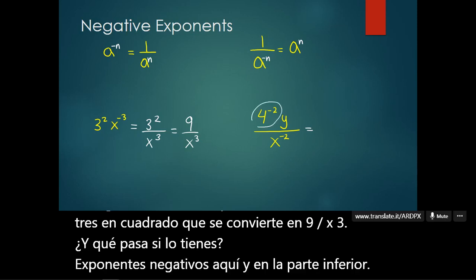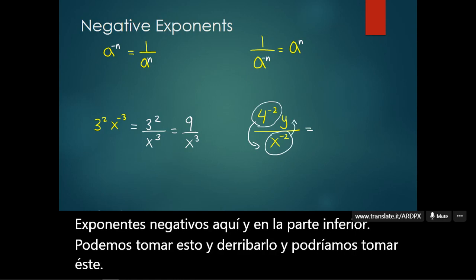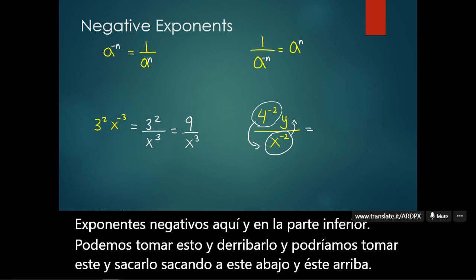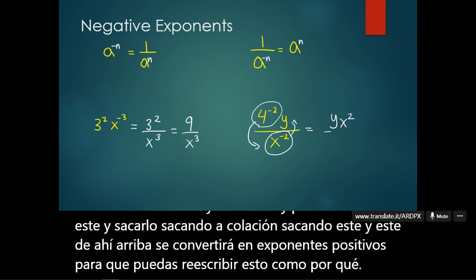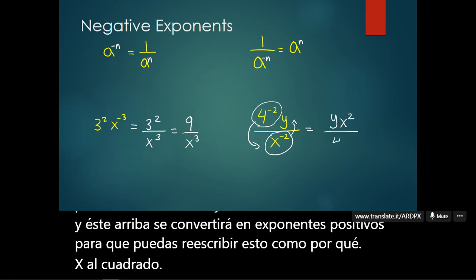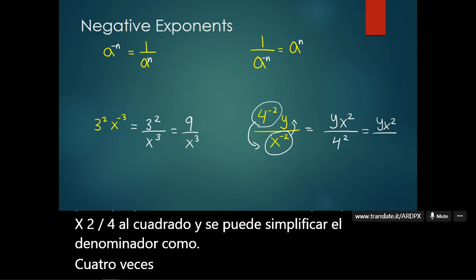Well, we can take this and bring it down, and we can take this one and bring it up. By bringing this one down and this one up, they're going to become positive exponents. So you can rewrite this as y x squared over 4 squared, and you can simplify the denominator as 4 times 4. 4 squared is equal to 16.